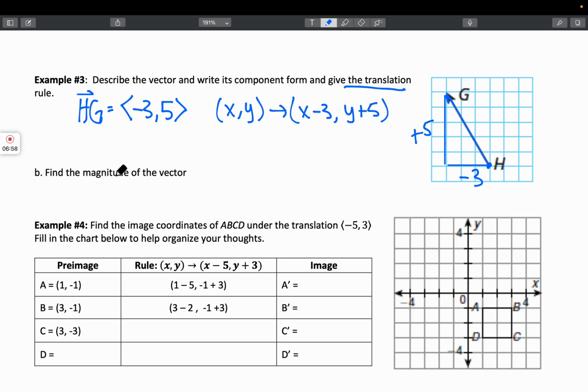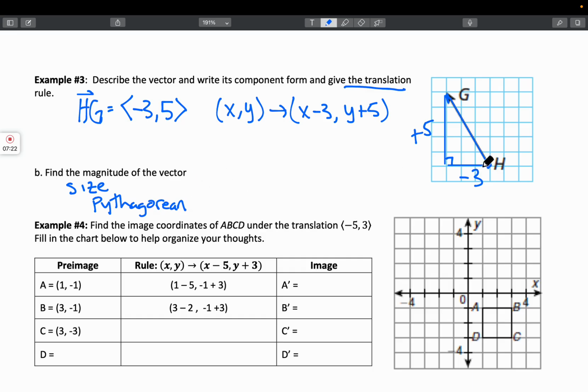Next, we want to find the magnitude, which remember is the size or the length of that vector. Well, to find the length of this vector, it is simply the hypotenuse of this little right triangle. In order to find the hypotenuse, when we know the two legs, we're going to use the Pythagorean theorem. So good old Pythagorean comes back to us in this chapter again.